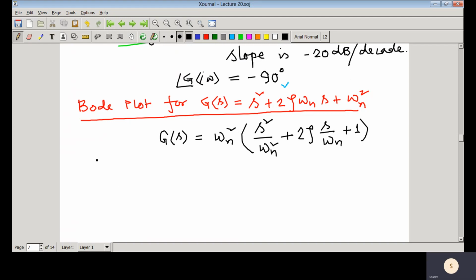So at low frequency, we can see that this particular thing would be equal to 0 and this is 0. So basically it would be omega n square. So G(s) is approximately omega n square.